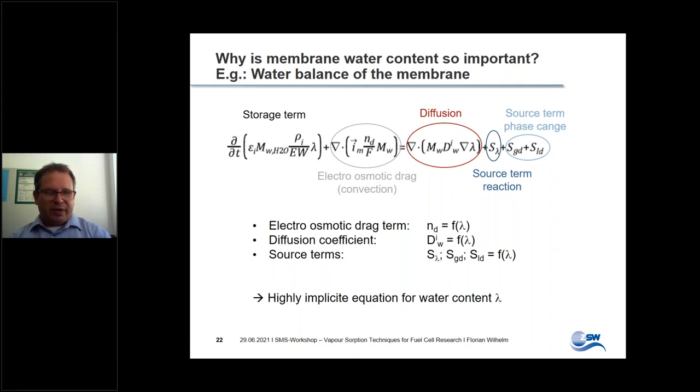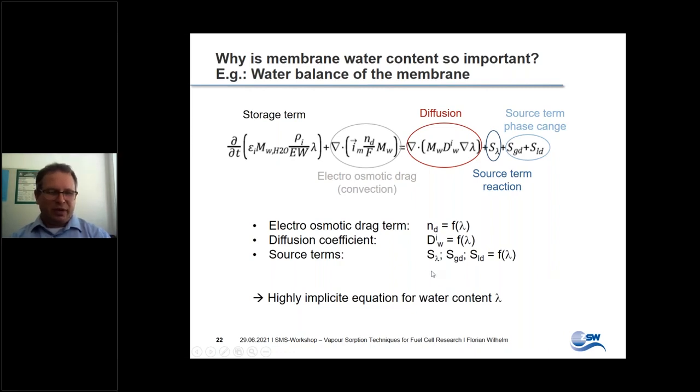Now you could already see some lambda terms up here, but there is even more dependence on lambda, because the electroosmotic drag term ND is usually a function of lambda. The diffusion coefficient is a function of lambda within the membrane, and the source terms are also functions of lambda.